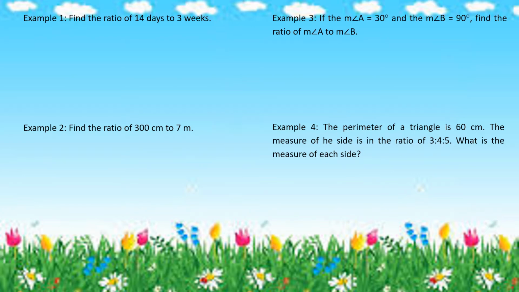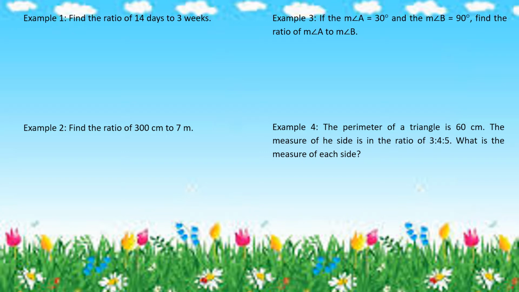Let's have more examples of expressing ratios. Number 1, find the ratio of 14 days to 3 weeks. We cannot immediately say that the ratio of 14 days to 3 weeks is 14 is to 3. That is wrong, since we are dealing with different units.